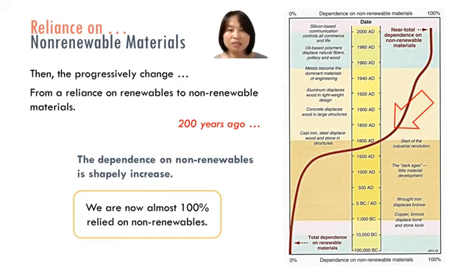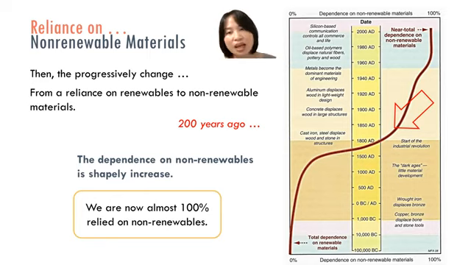People at that time used only renewable materials, okay? They knew only wood, stone, flint, mud, okay? Natural fiber, leather, animal skin, like that. And they used only these renewable materials, okay?